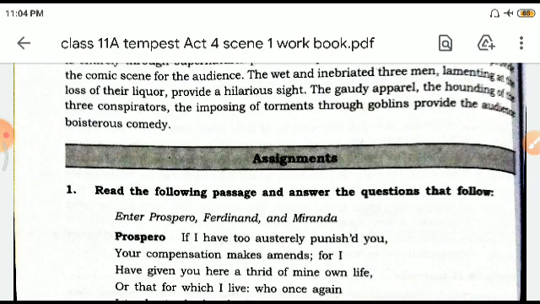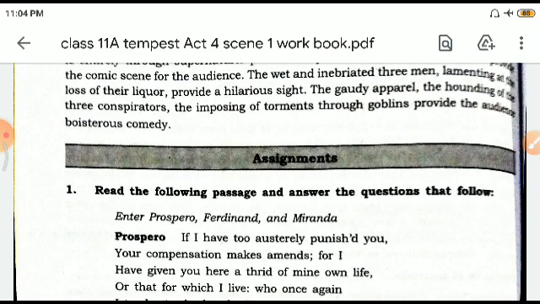Now, children, Act 4, Scene 1 is basically a clear cut transformation in the play. Up till now, the play was moving towards revenge, and there was a lot of intense fighting and infighting going on, with Prospero hell bent to take his revenge on Alonso and Antonio. But then there was a subplot in it.